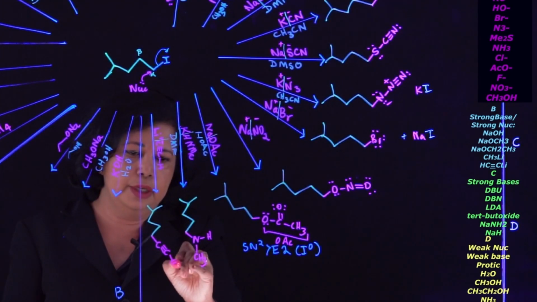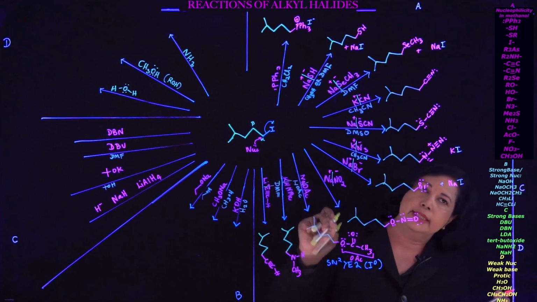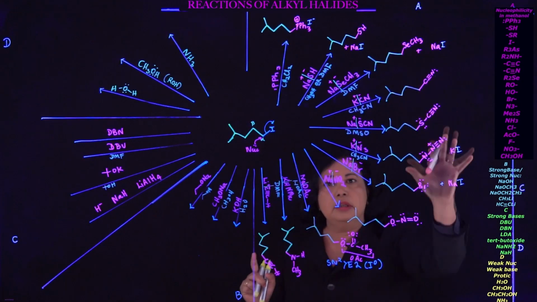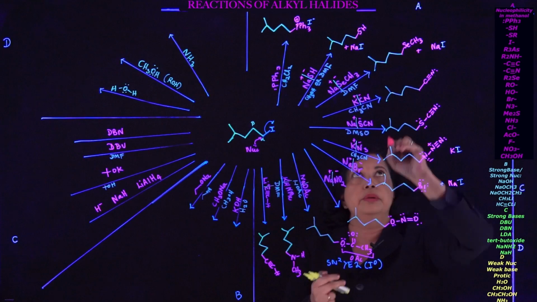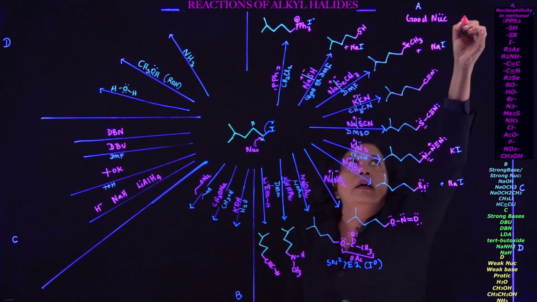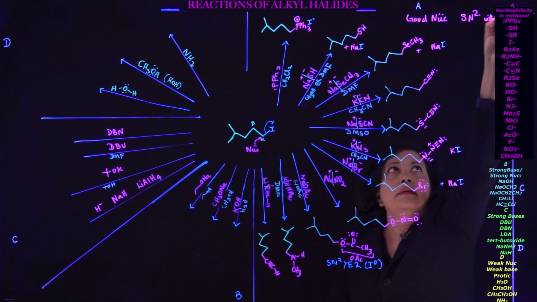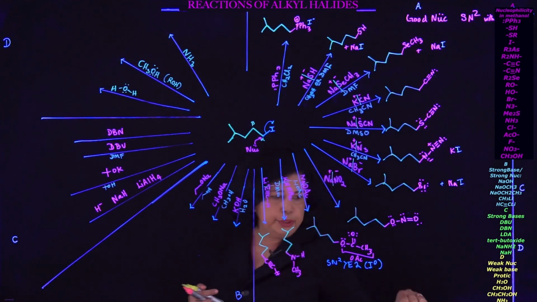And here you could have hydrogen or R group or whatever it is. It really doesn't matter as long as one of the sides is an anion. All right, so those are good nucleophiles. Good nucleophiles do SN2 with primary. In some cases, SN2 over E2.